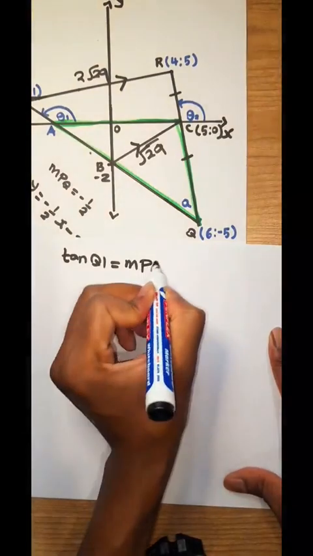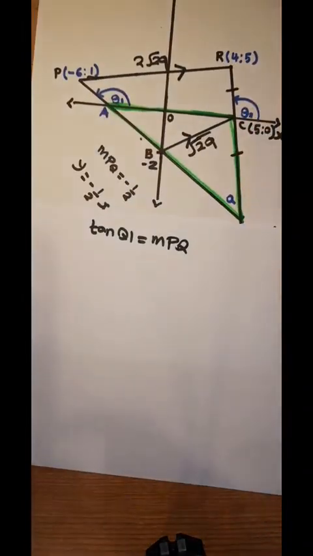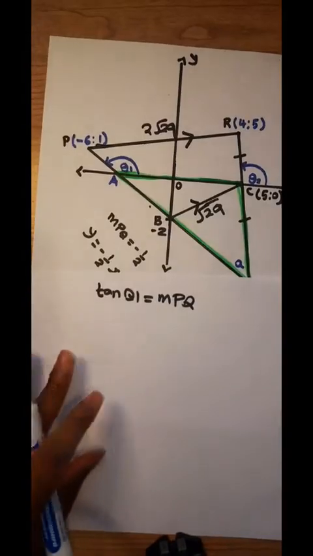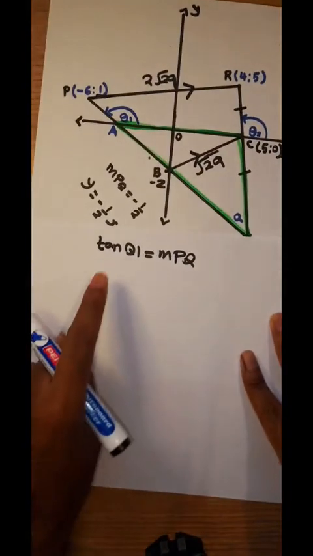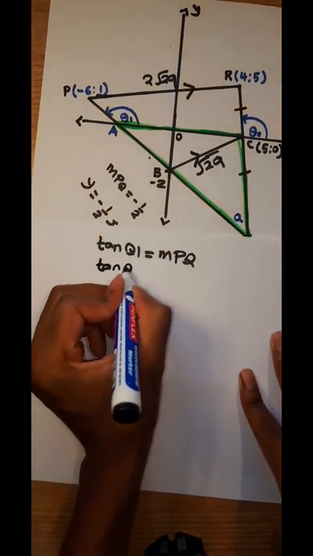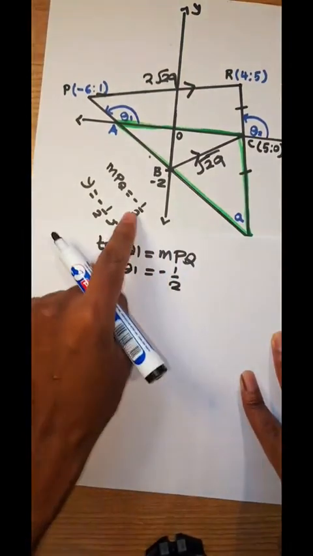If you don't know this formula, you better enroll in our courses, because I don't have enough time to explain everything here now. Now, it means that the tan of theta 1 is going to be minus 1 over 2 because the gradient is 1 over 2.